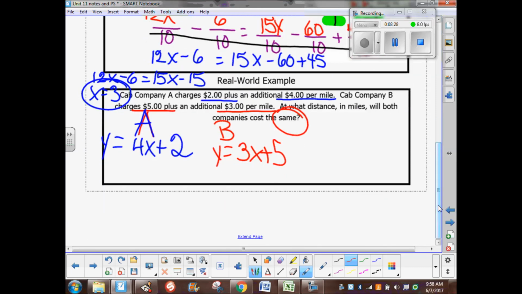Now it says when they are the same. What do I do to find x? Same means what in math? Equal. One person knew that? Same means equal. So what's my equation going to be if those two companies are equal? They're equal. Jenna, real loud.